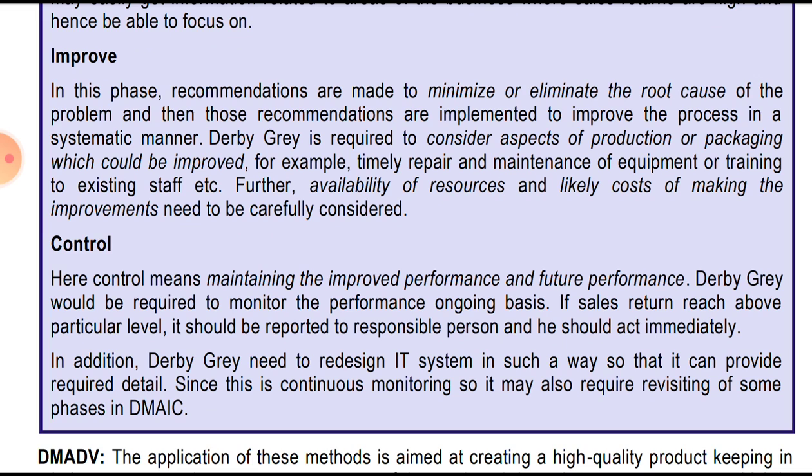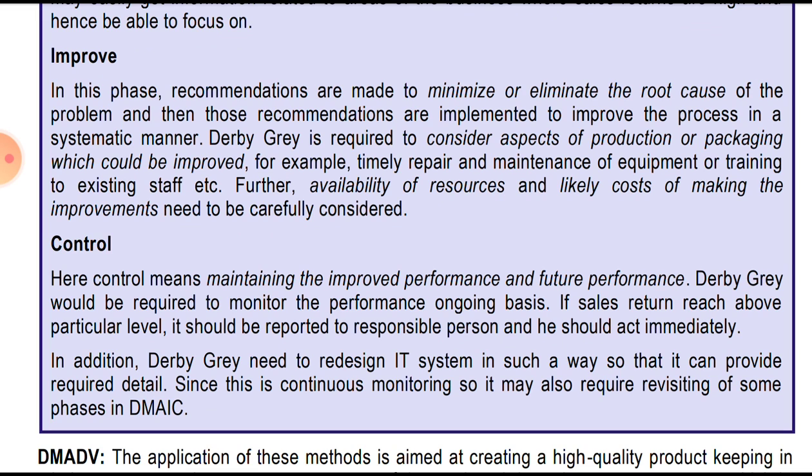Then control. Here the control means maintaining the improved performance and the future performance. Derby Gray would be required to monitor the performance on an ongoing basis. So this control activity should be an ongoing process.